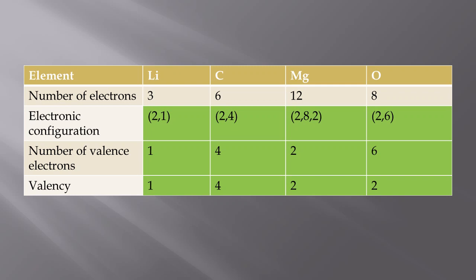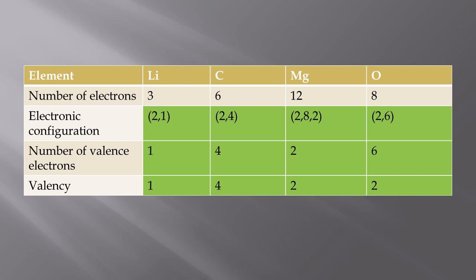For magnesium, the number of electrons is 12. So what will be the electronic configuration? It will be 2, 8, 2 and the number of valence electrons will be 2. So valency will also be 2. For oxygen, the number of electrons is 8. So the electronic configuration: in the first shell 2 electrons, in the second shell 6 electrons. So the number of valence electrons is 6.